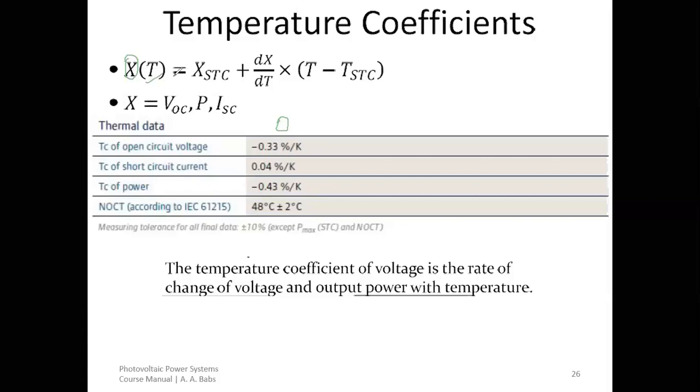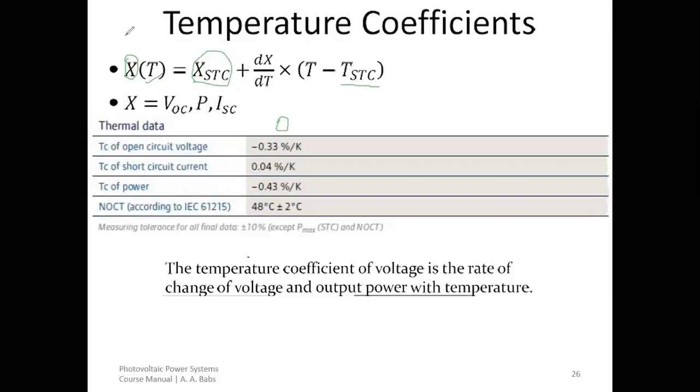So in this particular case, we have a standard temperature, which is usually our T_STC, the standard test conditions temperature. So this is the power at standard test condition. That's why we have STC here. STC means standard test condition.